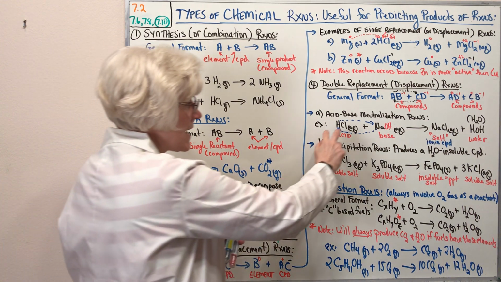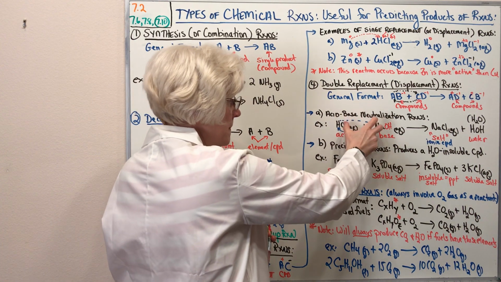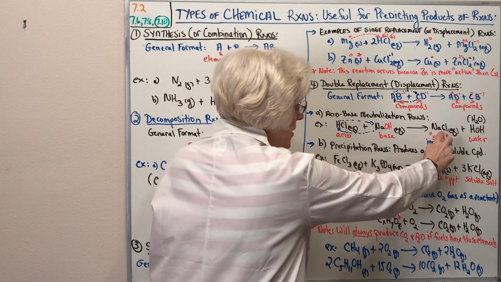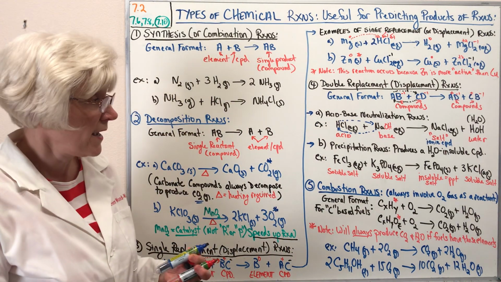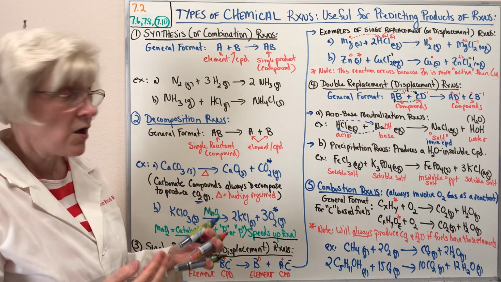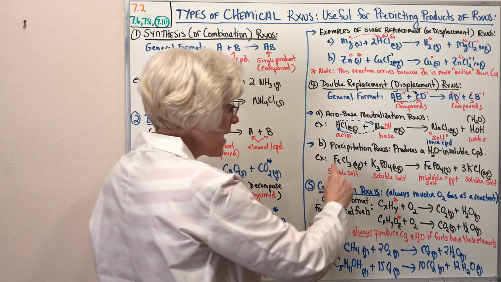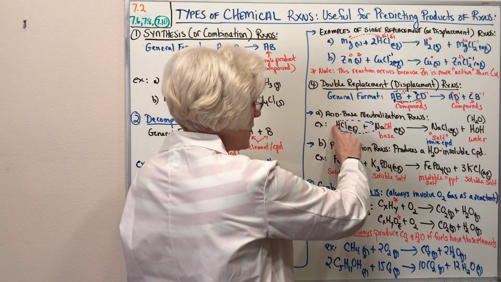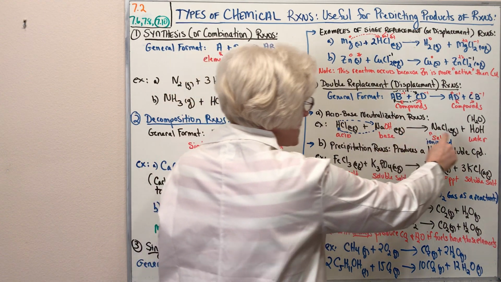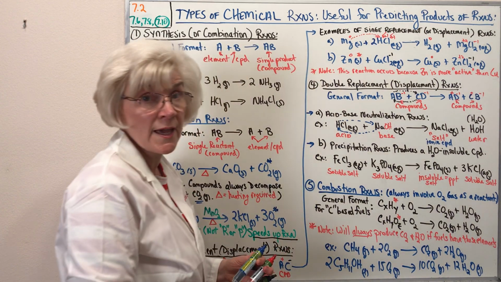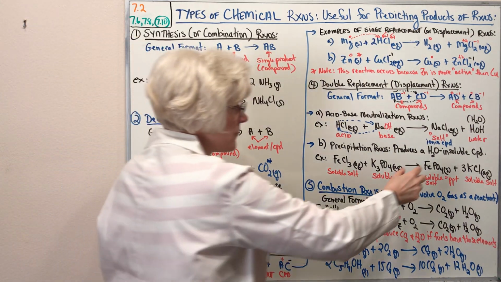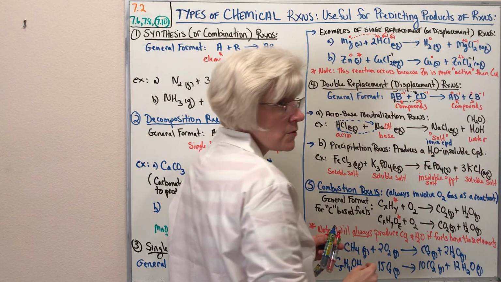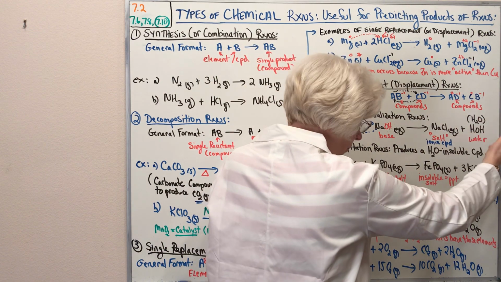So when you do an acid-base neutralization, you switch cations, you come up with a new ionic compound, which we call a salt, and your other product, when the hydrogen ions pair with hydroxide ions, you will make water. And notice I've written water in an unusual formula or format.